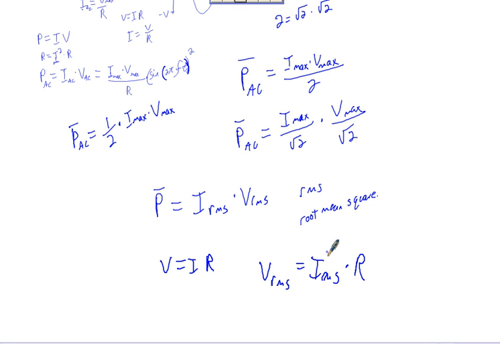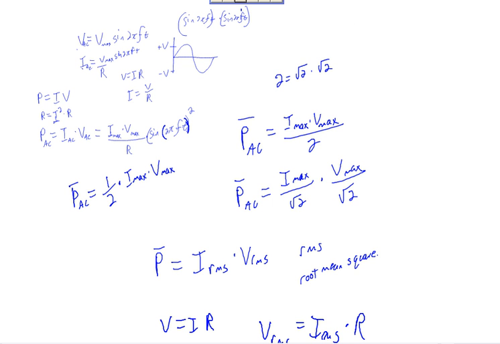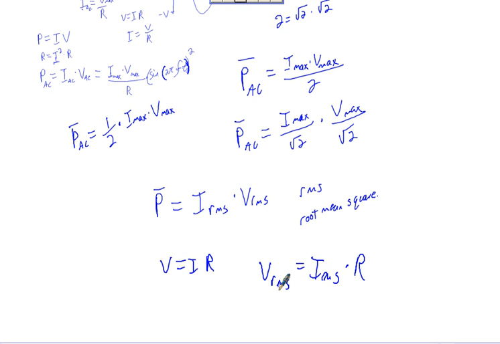So now we can deal with, instead of going back up here and dealing with the voltage and the AC current as this big cumbersome equation, we can just deal with it as a root mean square. Basically that gives us an approximation of the average current and the average voltage. Does that make sense?